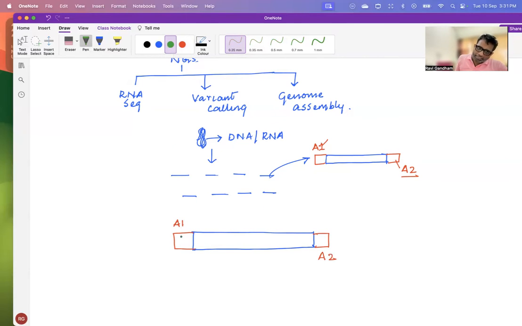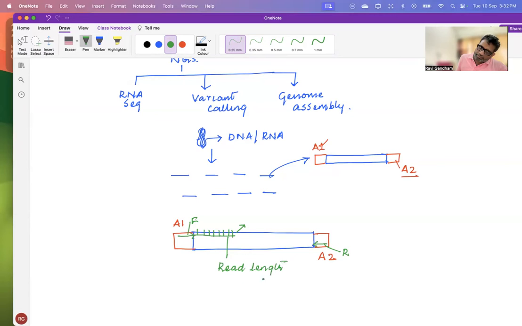These are now targeted with primers, one in the forward direction and the other in the reverse direction. In the process of amplification, this would generate sequences that are complementary to the bases present on the fragment here. The length of this sequence that is actually synthesized and generated is now called the read length.